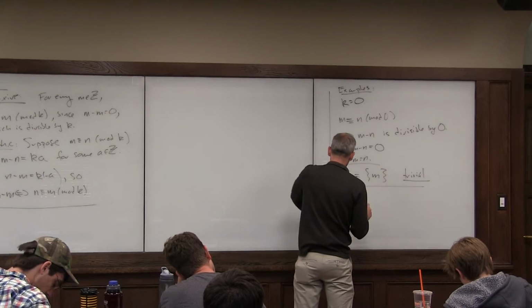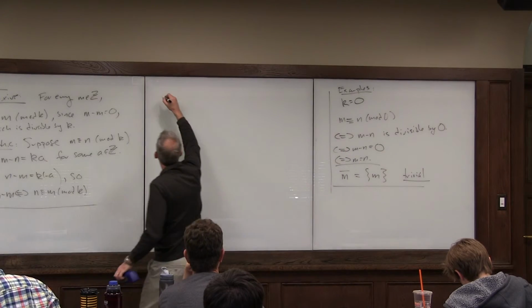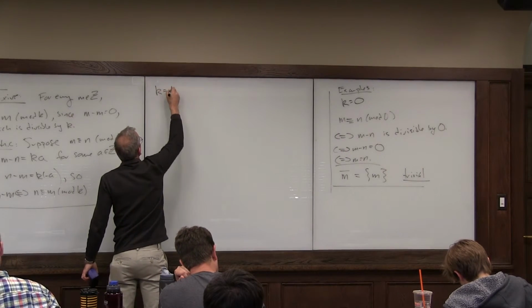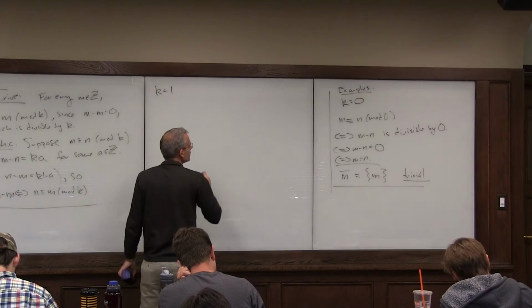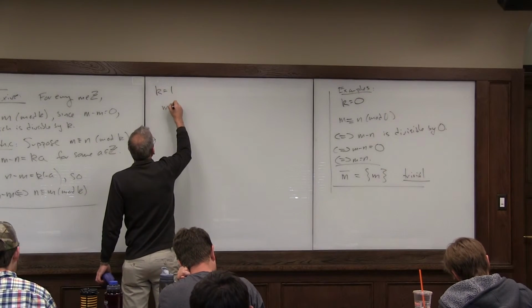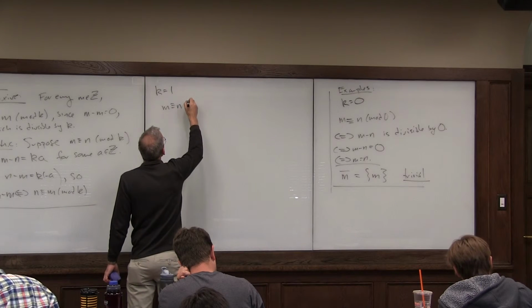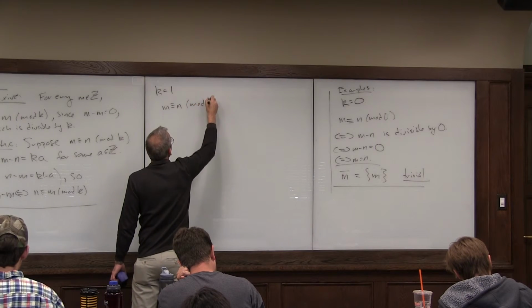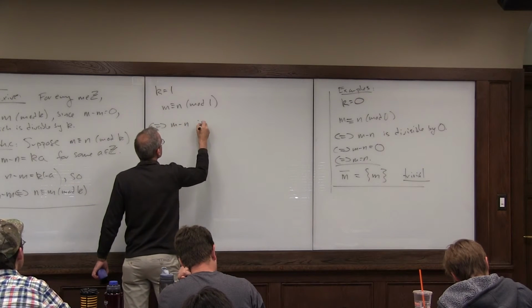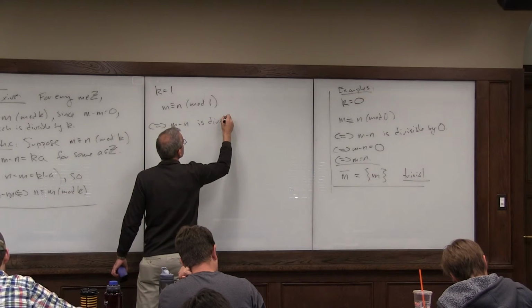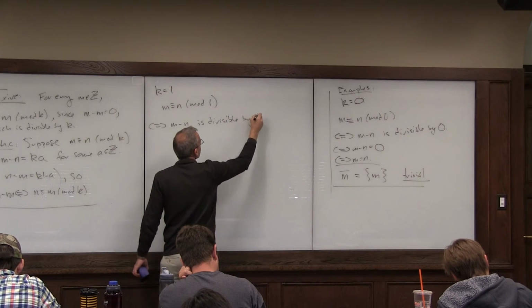Let's look at the next most interesting, but also trivial example. m equivalent to n mod 1, what does that mean? That means that m minus n is divisible by 1.